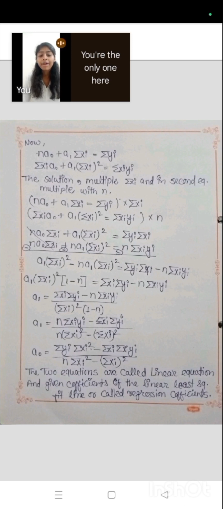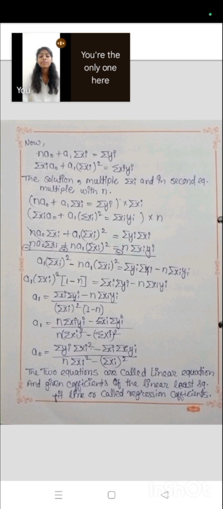So we will find n summation of xi yi minus summation of xi into summation of yi upon n summation of xi whole square minus summation of xi whole square.